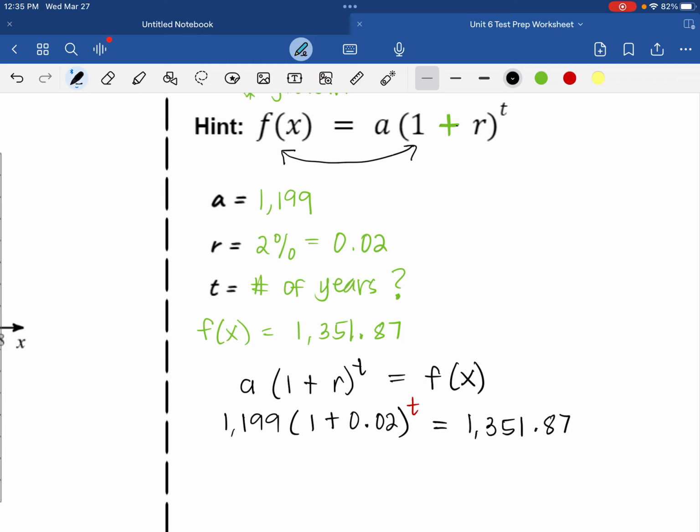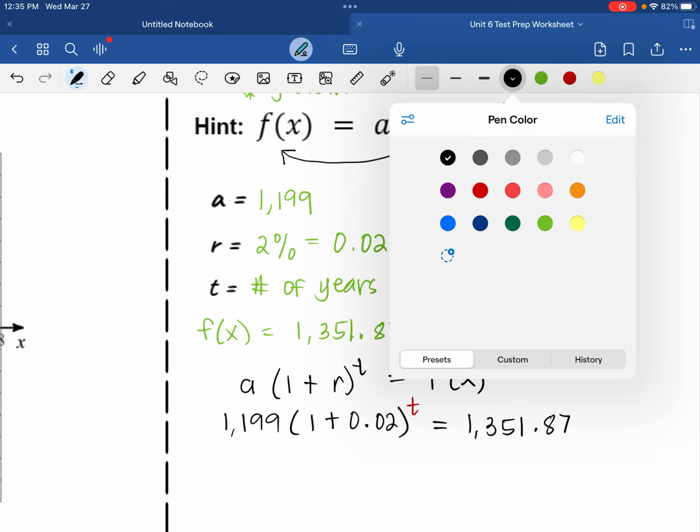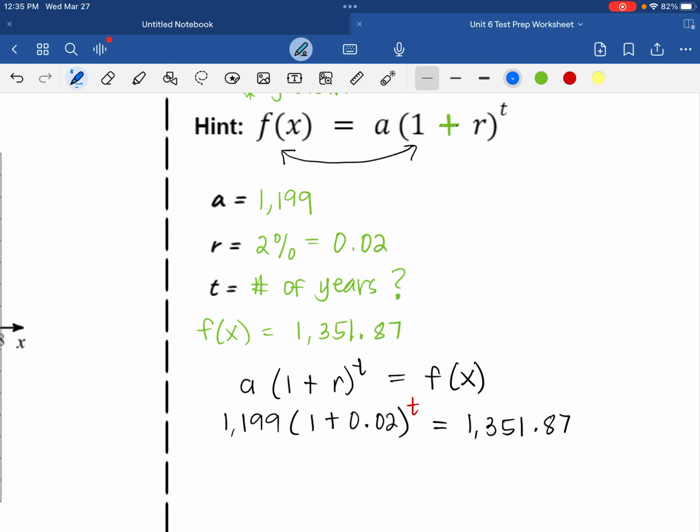Okay. Our goal in this equation is to be able to get the t by itself. But since the t is an exponent, we have to undergo multiple steps. And to do that, first we are going to get rid of the coefficient here, which is 1,199. Divide that on the other side as well.